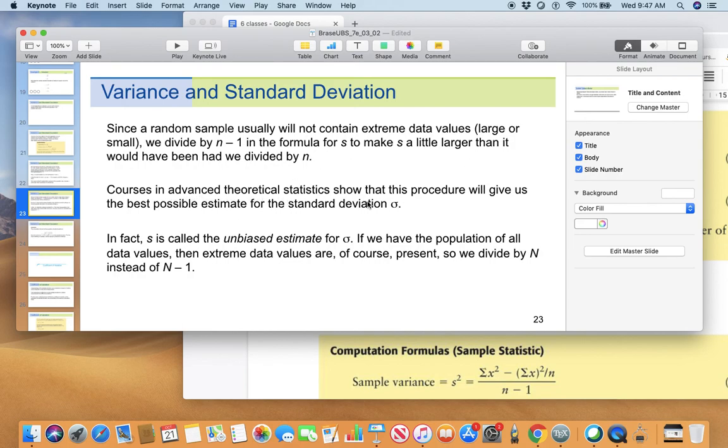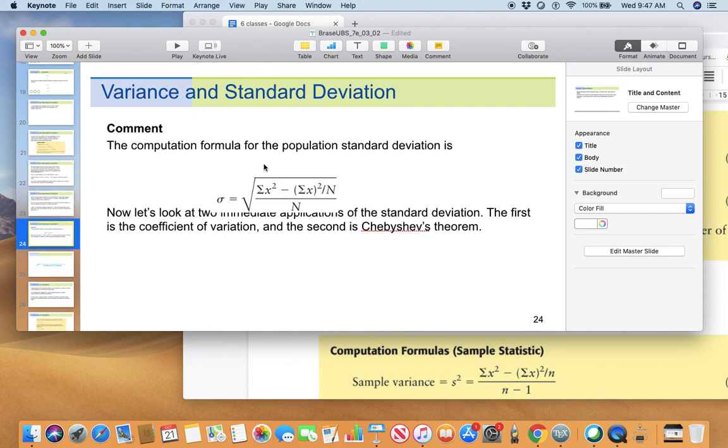Courses in advanced theoretical statistics show that this procedure will give us the best possible estimate for the standard deviation. In fact, S is called the unbiased estimate for sigma. If we have the population of all data values, then extreme data values are present. So we divide by capital N. Okay. So S is called the unbiased estimate for sigma.